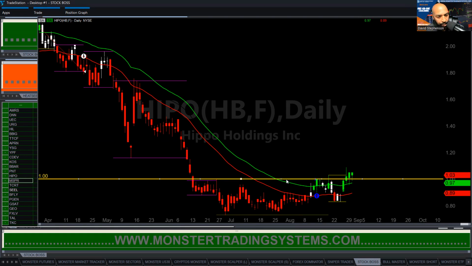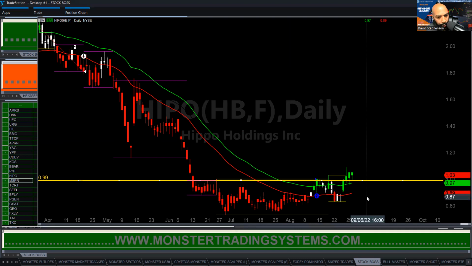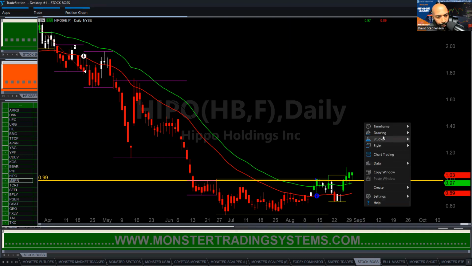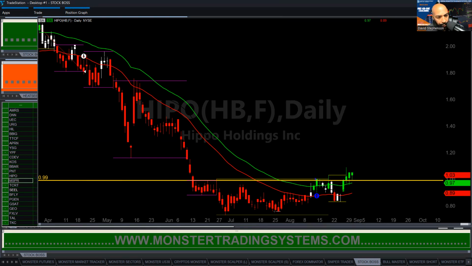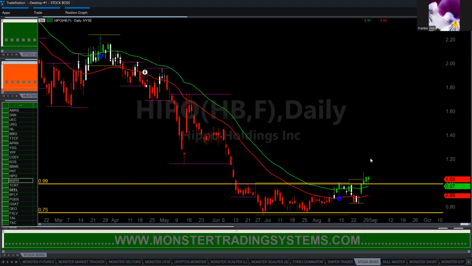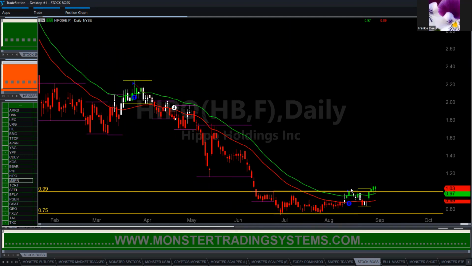Here is resistance, here is our buy signal to get in, and here is support. So let's say we got a buy signal here at $1.03, right? We bought here.